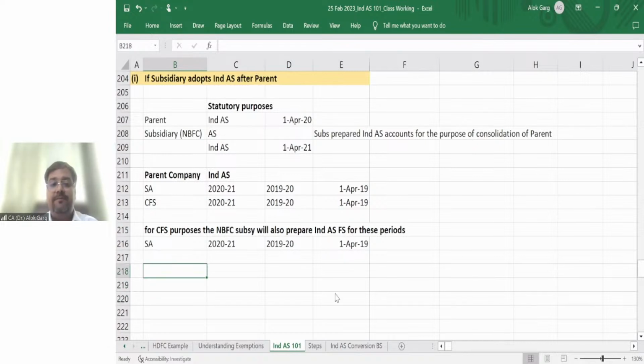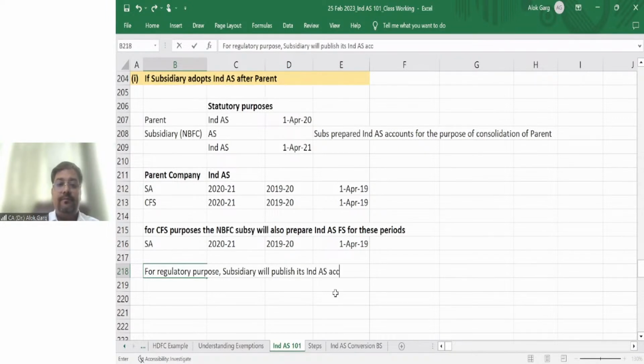Now what happened? For regulatory purposes, the subsidiary will publish its Ind AS accounts from 1st April 2021.